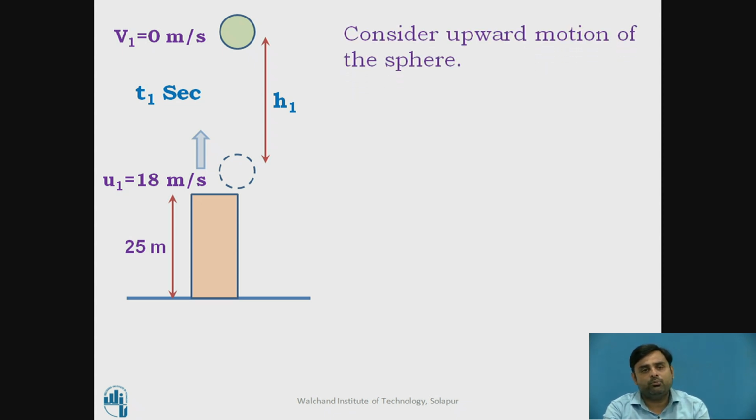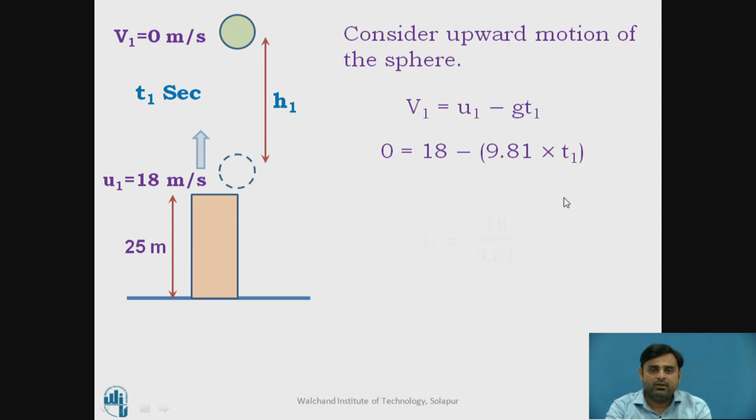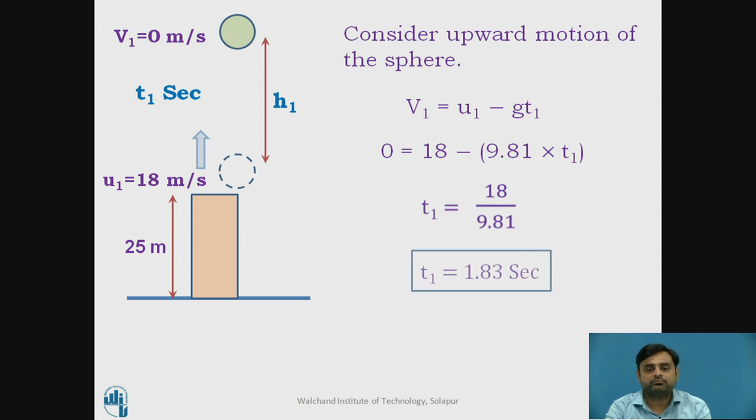Now considering the upward motion of the sphere, we can use the formula v is equal to u minus gt. Here it is the upward motion, so acceleration due to gravity will be minus. So v1 is equal to u1 minus gt1. If we put in the values, v1 is 0, u1 is 18, g is 9.81. Solving this, we get t1 is 1.83 seconds.